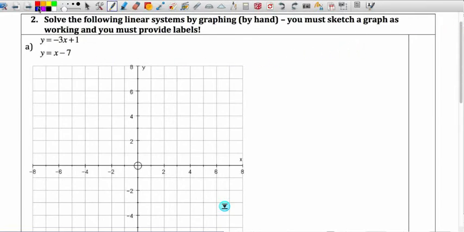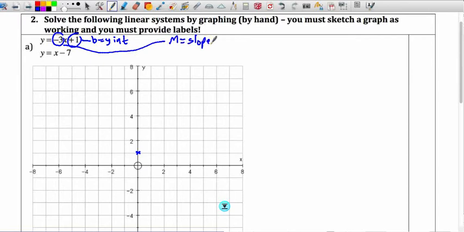And so what you need to be able to do in this case is identify, first of all, the b value, which of course is the y-intercept. And so I'm going to mark that on the graph at 1, and then minus 3 is of course the slope.